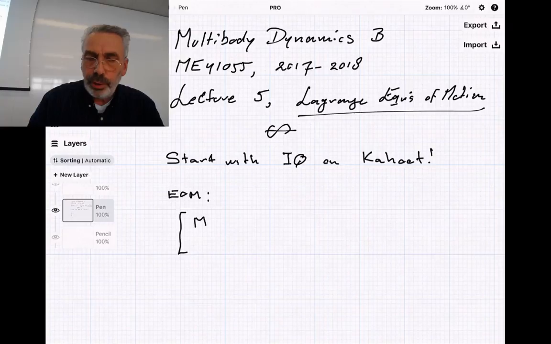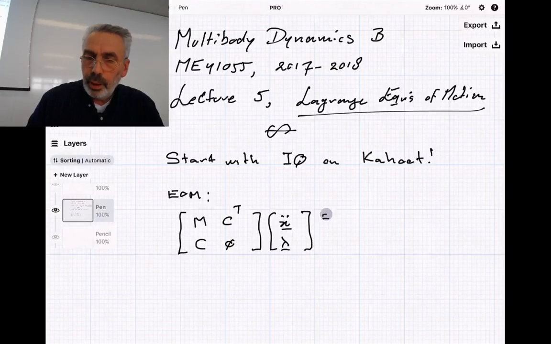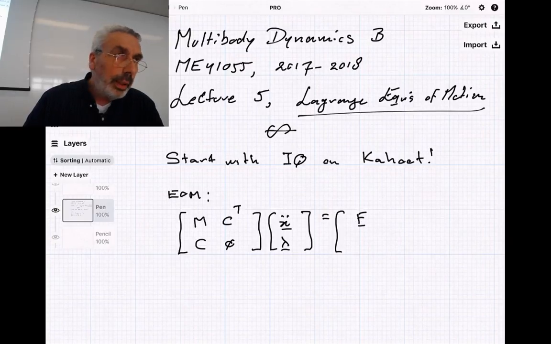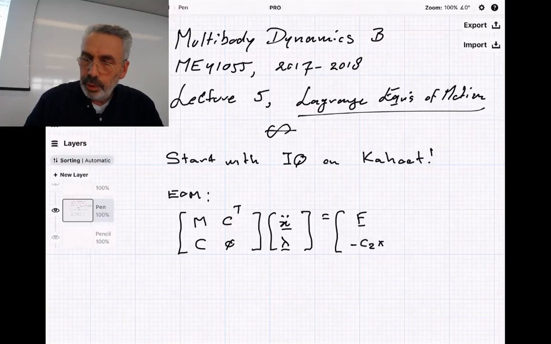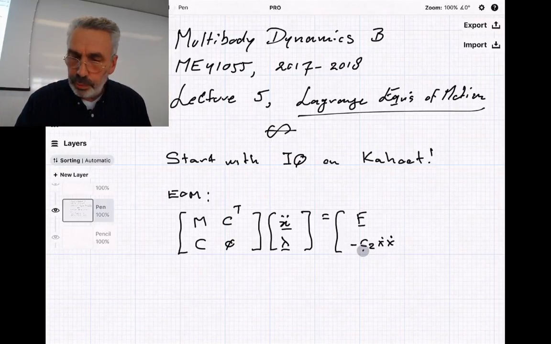We had some mass matrix, some Jacobian of the constraints, the accelerations of the center of mass, and the Lagrangian multipliers. On the right-hand side, we had the applied forces and some convective terms, minus C2 x dot, something like that. It's just a vector with stuff.